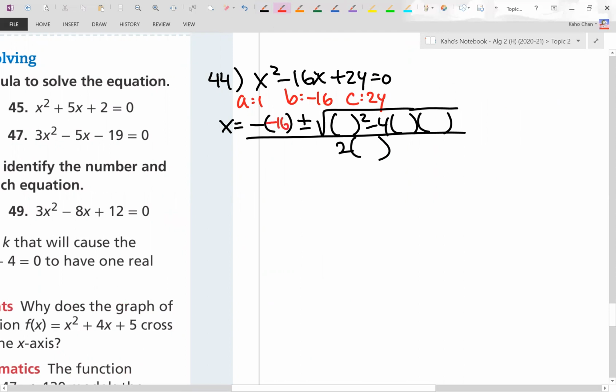Negative b squared minus 4ac all over 2a. Clean that up. Two negatives become a positive. 16 squared is, holy cow, 225. Oh my gosh. Getting old here.